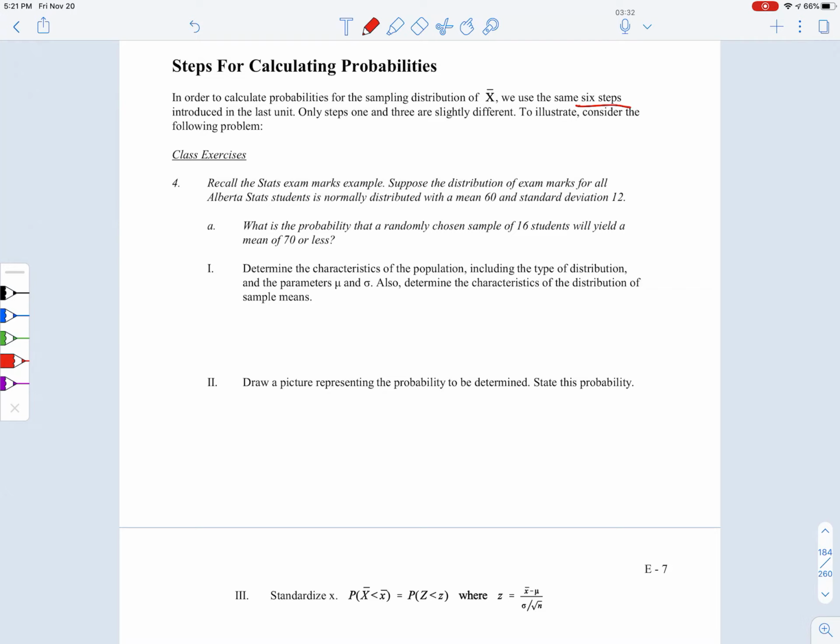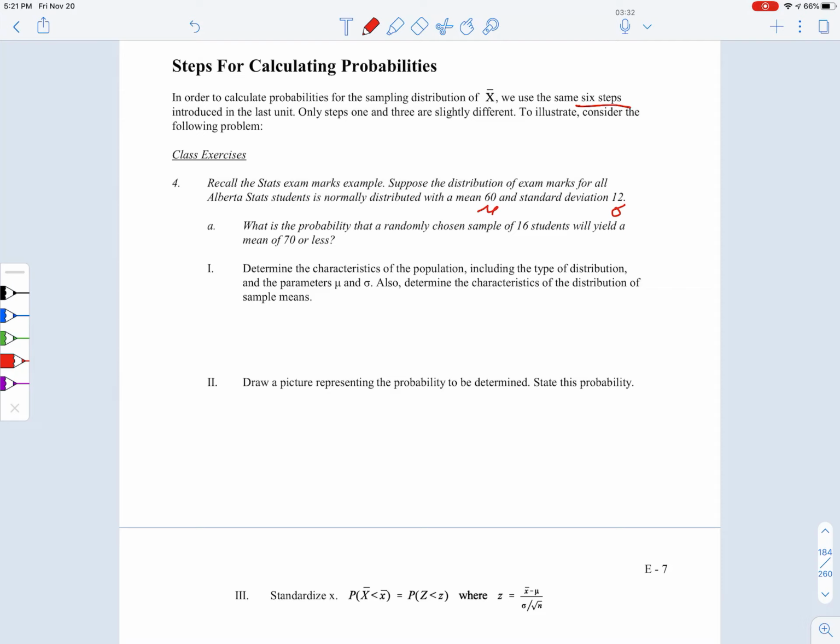Suppose the distribution of exam marks for all Alberta stats students is normally distributed with a mean of 60, so that's our mu, and a standard deviation of 12. Now, in this particular one, I'm not talking about just a class of 50 because I want quite a large population here. You'll see why when we take a look at something called the finite population correction factor next.